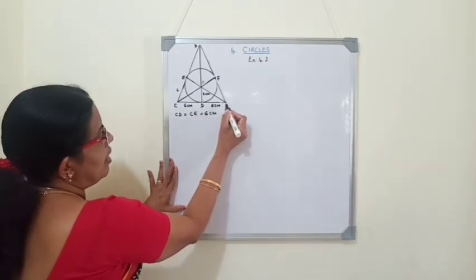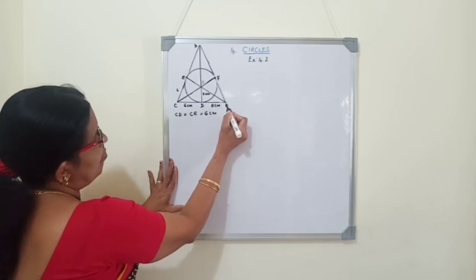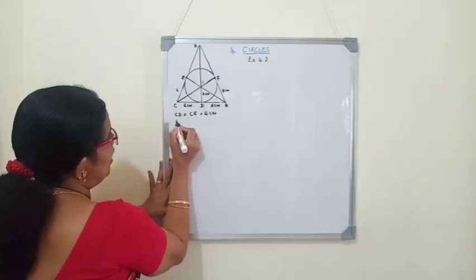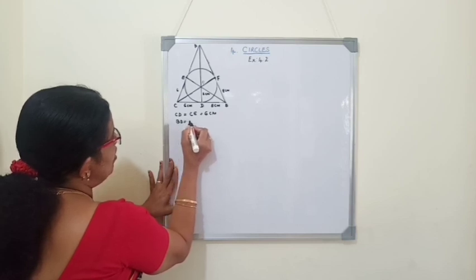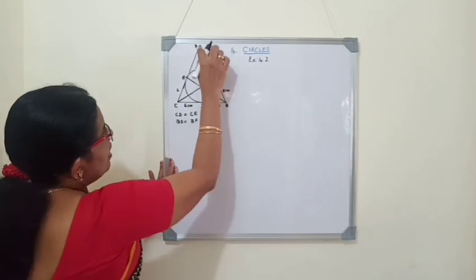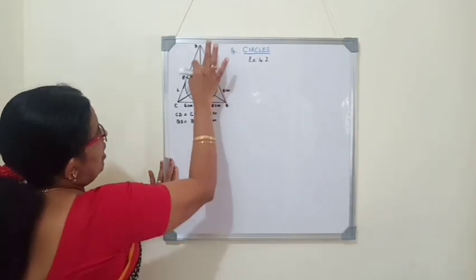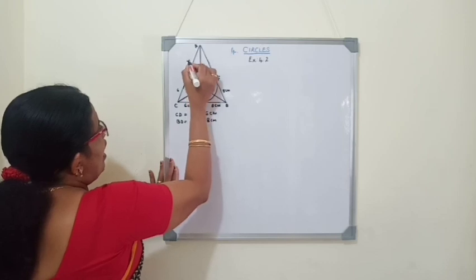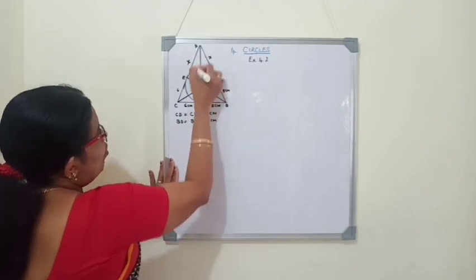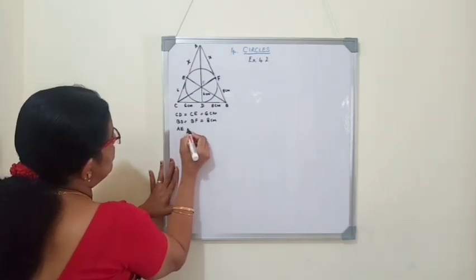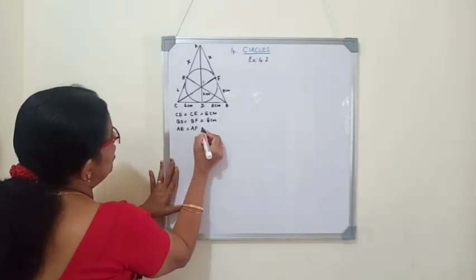Same way, B is an external point, BD is equal to BF, 8 cm. Now, A is an external point to the circle. Here AE and AF are not given. We will assume that AE and AF are x centimeter. Both the tangents are equal from the external point. Therefore, AE is equal to AF is equal to x centimeter.